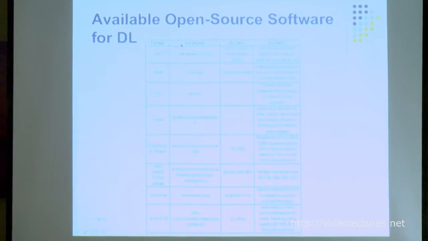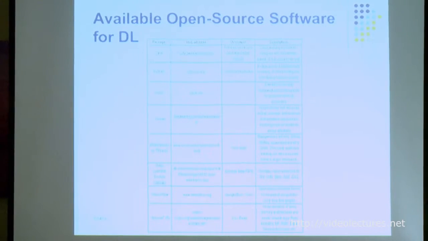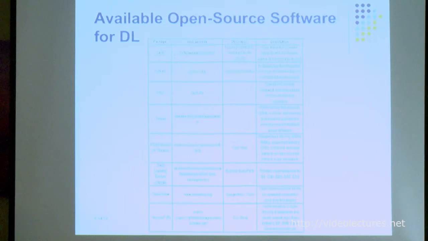Here I make a list of commonly available software you can use. For example, Caffe from the Berkeley lab was originally developed for computer vision, but it also allows you to experiment on different architectures, and they all support that. There are Theano and other different types of packages you may use.